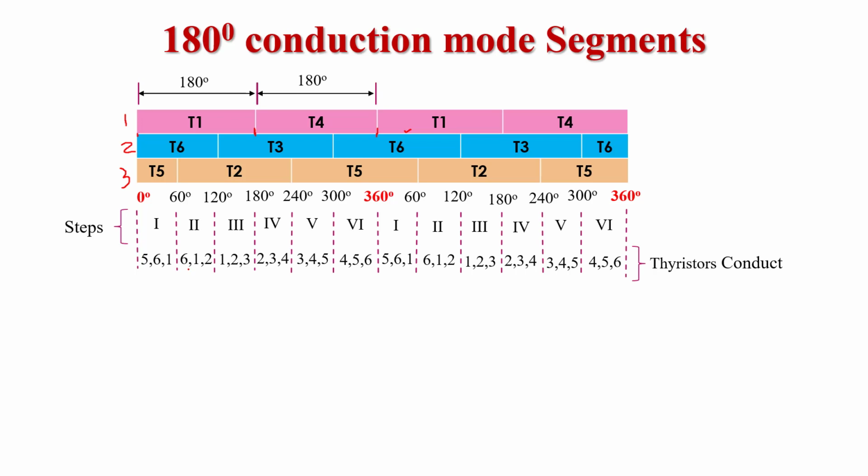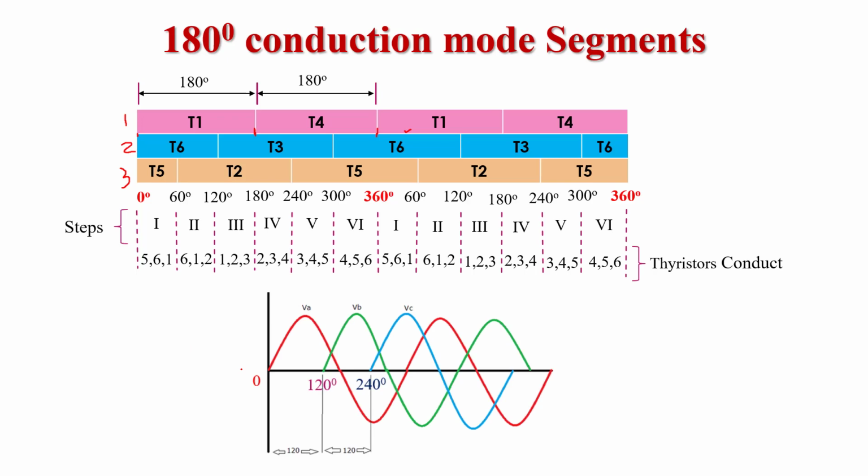So we know that in the case of a 3-phase power supply, suppose phase A starts conducting from 0 degrees, then phase B starts conducting from 120 degrees, and phase C starts conducting from 240 degrees. It means the phase difference between each phase is 120 degrees.